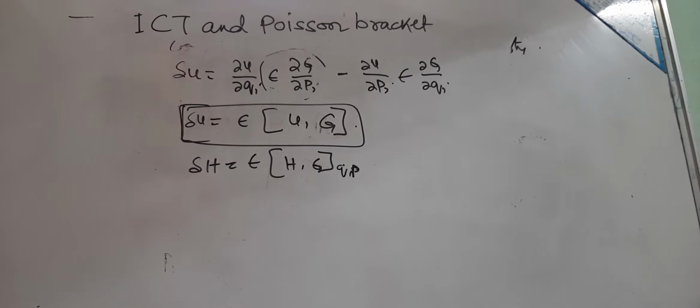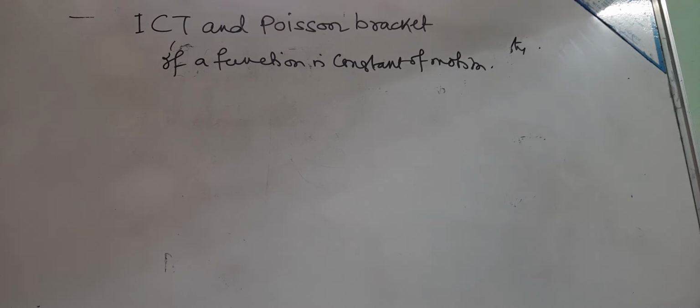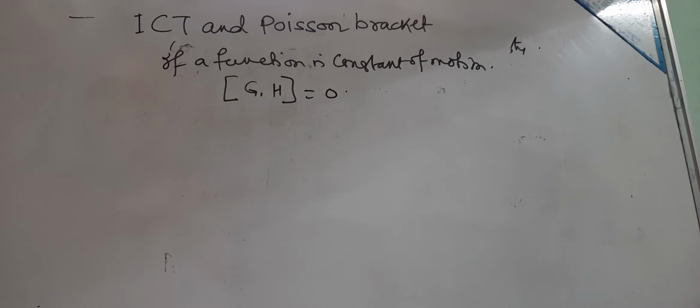So finally, we know that if a function is a constant of motion, then its Poisson bracket with the Hamiltonian vanishes, that is, it will be 0. So delta H becomes 0.